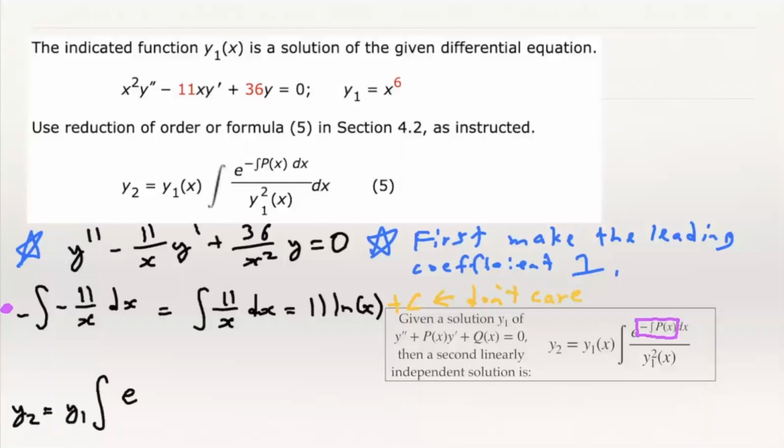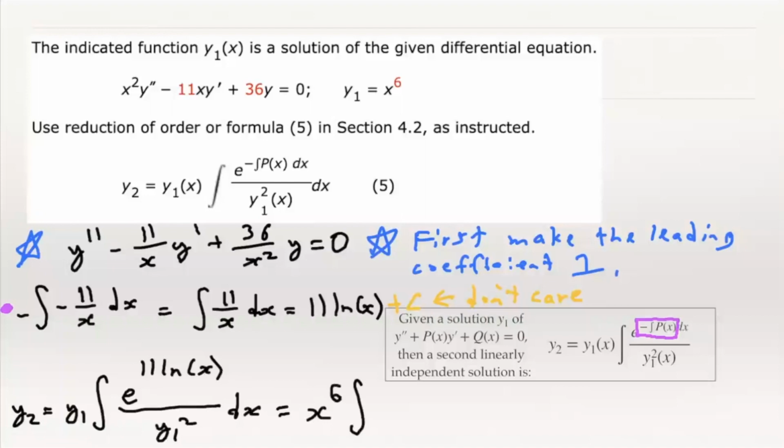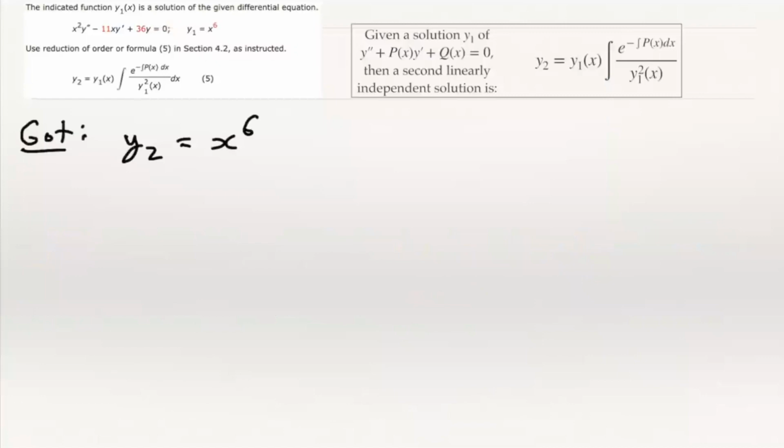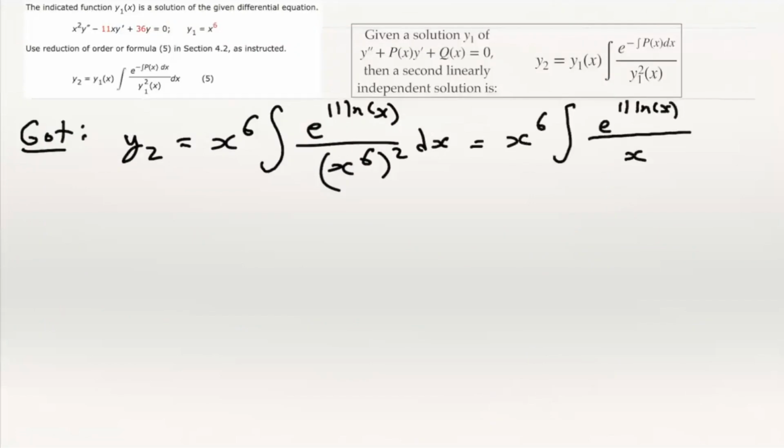Okay, so y2 is y1 times e to the negative integral of p of x, we found that that was 11 ln x up there, all over y1 squared dx. That's x to the 6th times this integral, x to the 6th squared dx. Okay, so we got that y2 is x to the 6th times e to the 11 ln x, all over x to the 6th squared dx. And x to the 6th squared is x to the 12. Okay, now e to the 11 ln x, we need to use that same trick again.